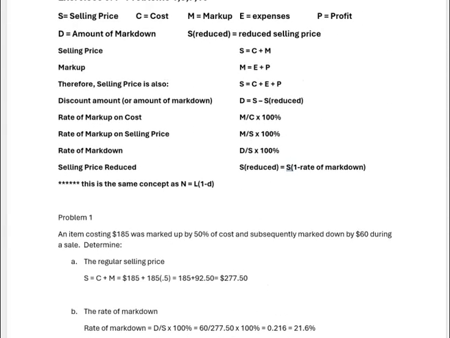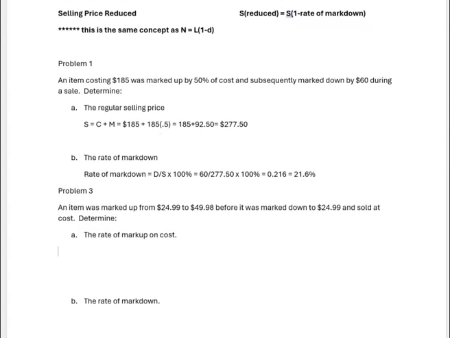Rate of markup on cost is markup divided by cost times 100%. Rate of markup on cost equals markup divided by cost multiplied by 100%.